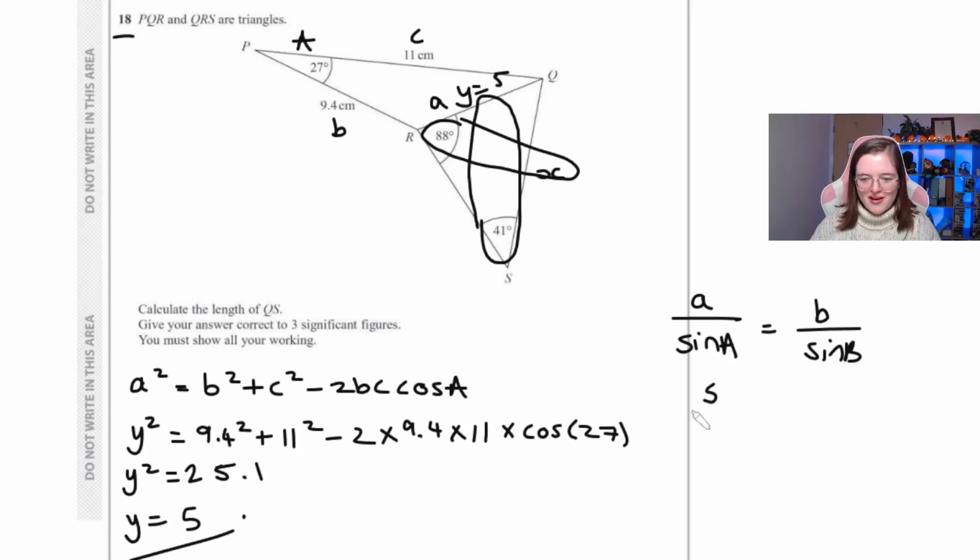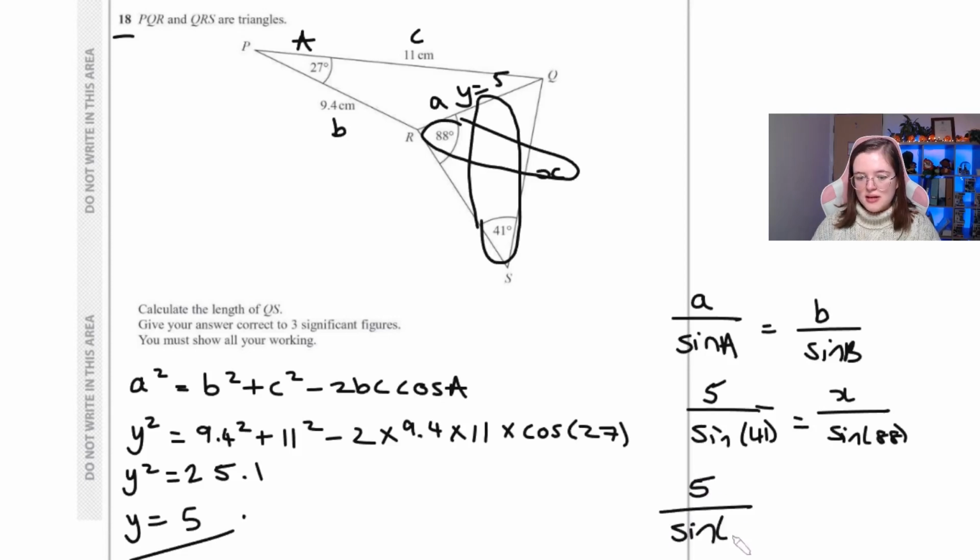So then we have 5 over sine 41 equals b, which is x, over sine b, which is sine 88. Okay, and then to get x on its own, I need to times up by sine 88. So I'm going to have 5 over sine 41 times sine 88 equals x.